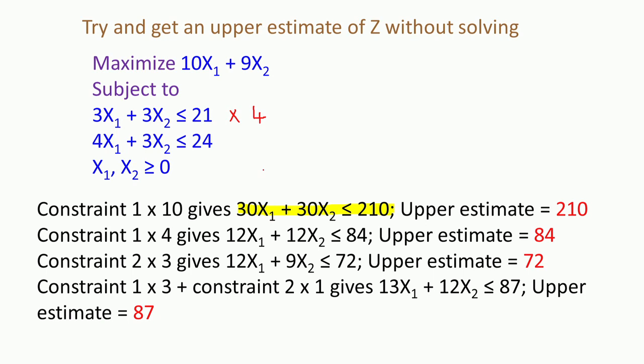If we multiply the first constraint by 4, we will get 12x1 plus 12x2 less than or equal to 84, because 3x1 plus 3x2 less than or equal to 21, when multiplied by 4, gives us 12x1 plus 12x2 less than or equal to 84.